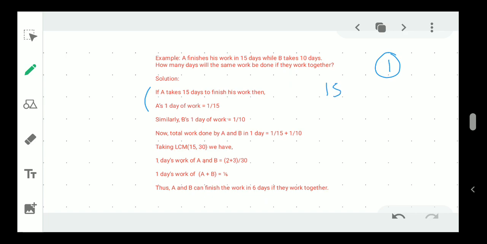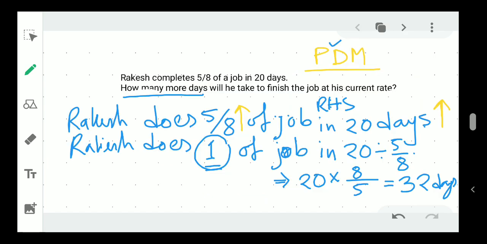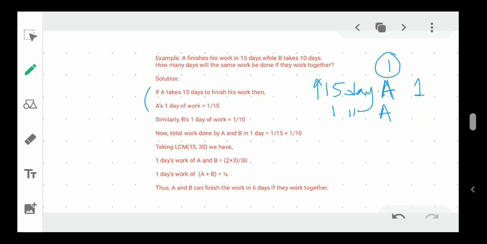So we can write like this: in 15 days A can do one portion of a work, that means the complete work. So in one day A can do, now see, this is nothing but PDM, just like our previous math, because if I want to do more work I need more time.